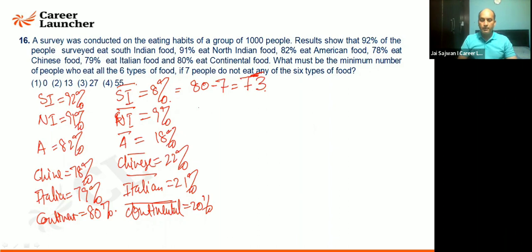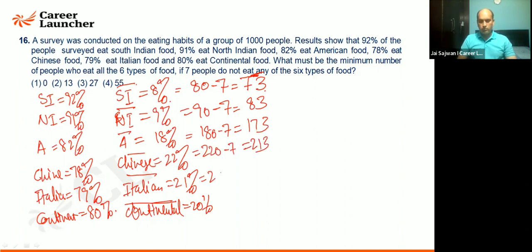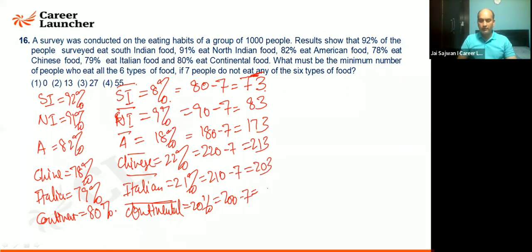This is 90 minus 7, coming out to be 83. This is 180 minus 7 is 173. This is 220 minus 7 is 213. 210 minus 7 is 203. 200 minus 7 is 193.